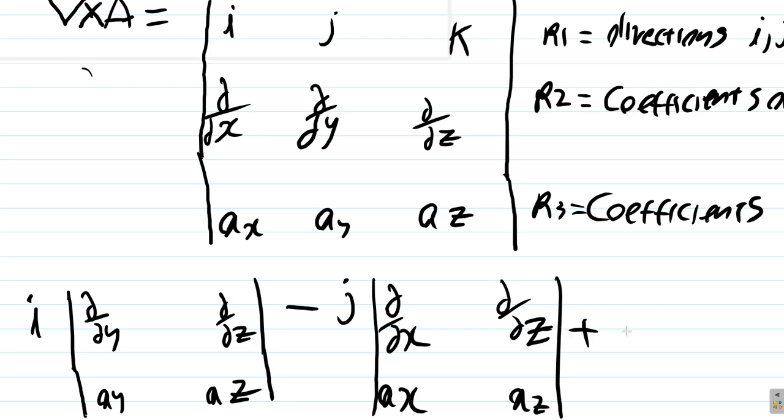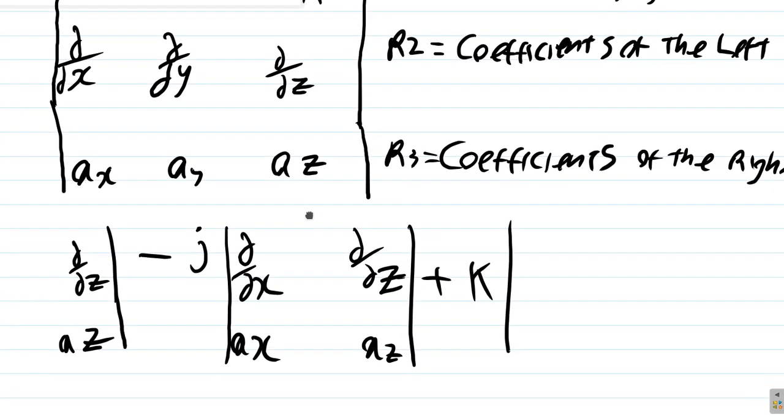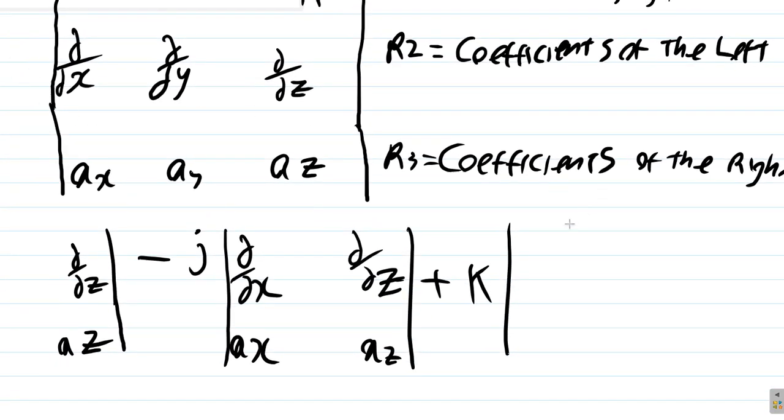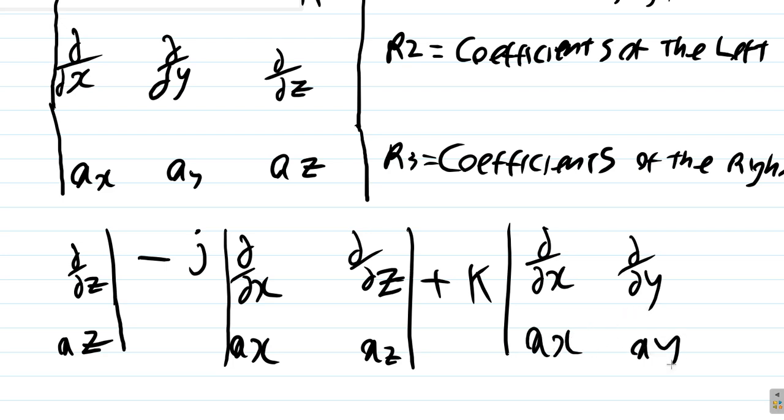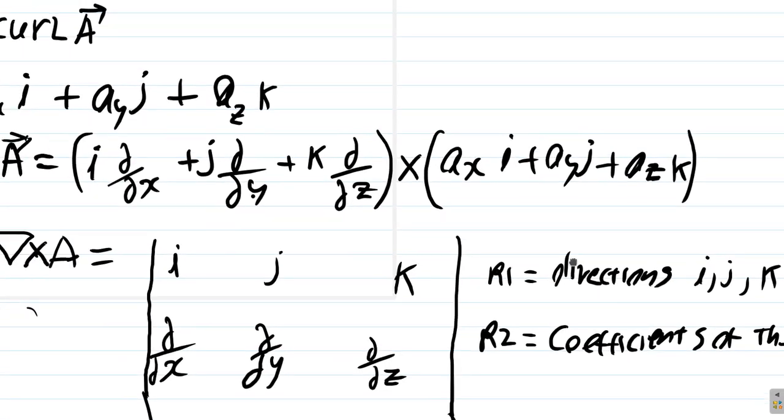Then plus k times, so you cover the row and column with k, and this is what you have: partial by partial x, partial by partial y, Ax, Ay. See that? Those are just points to remember.